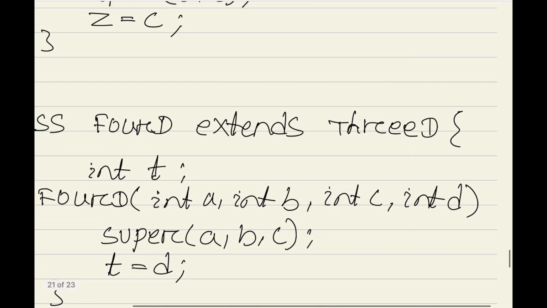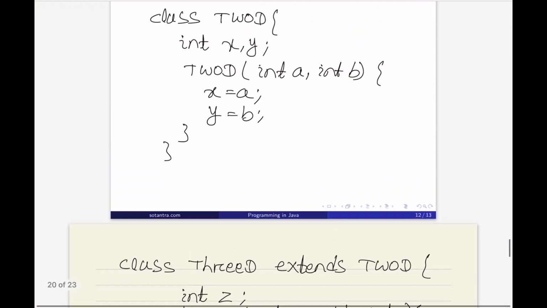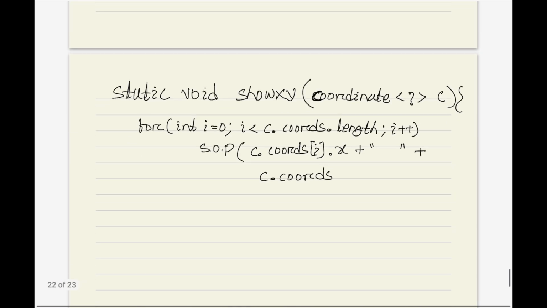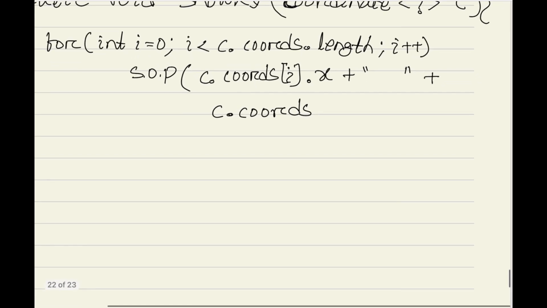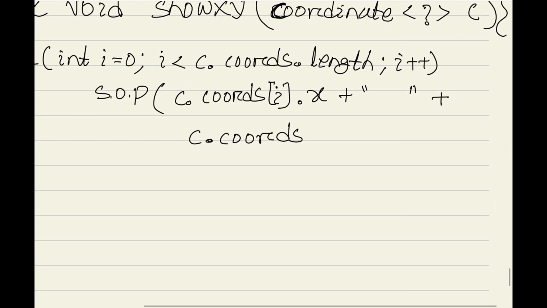Here you can see where we have written here only coords, that is an array, and we are using this one, c.coords, then i.y.